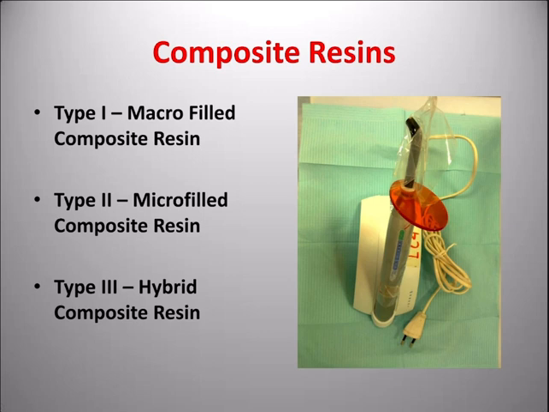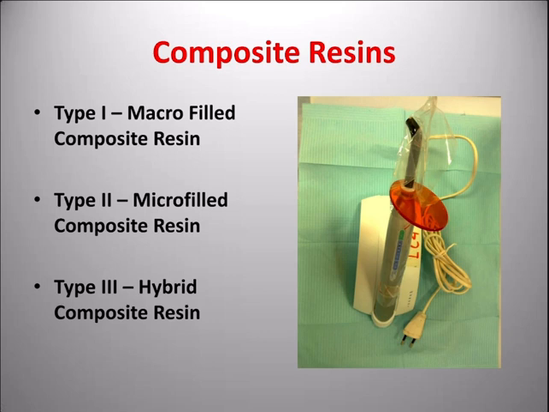Composite is also one material which we use in pediatric dentistry. Broadly, based on the filler particles, which give the strength to the composite, we have divided it into type 1, type 2, type 3. Type 1 is macrofilled composite resin, because the filler particle size is very big, somewhere between 5 micrometer to 25 micrometer. The drawback is less aesthetics and a less polishable surface, because it is used in areas which withstand masticatory force.